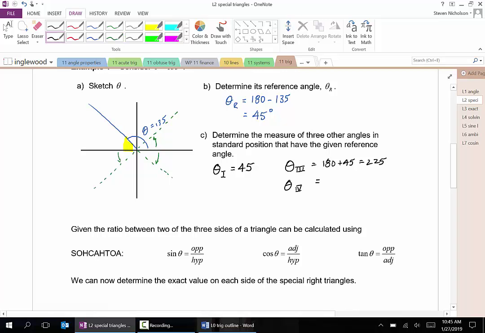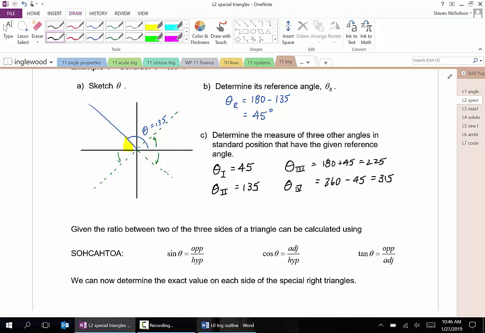And this angle theta, remember, all the way around from the x-axis into the fourth quadrant would be 360 minus 45, which would be 315. And of course, theta in quadrant 2 is 135 degrees. So the nice thing about identifying a reference angle is we actually make a grade 10 acute triangle.